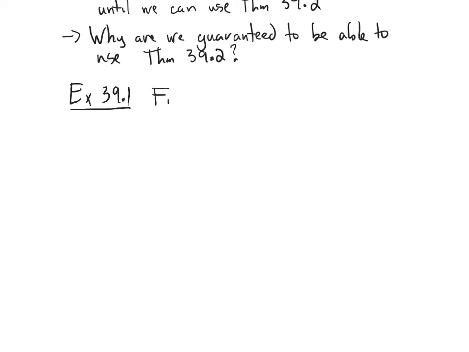So let's find the greatest common divisor of 816 and 2,260. Okay, so I'll leave a little bit of the long division for you guys, but we're just doing some long division.